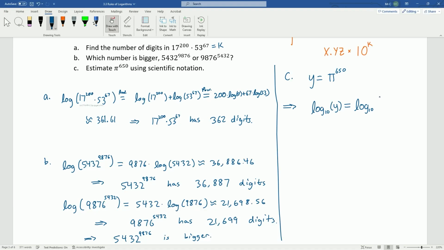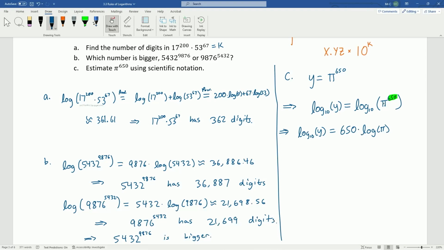So if I take log base 10 of pi to the 650, it lets me do something very nice. Now I've got log base 10 of y equals, and I can use my power rule to move the 650 in front of the logarithm. This becomes 650 times log of pi. So now I don't have that exponent with the pi anymore.